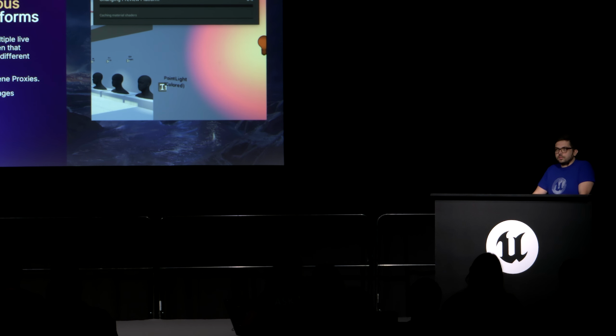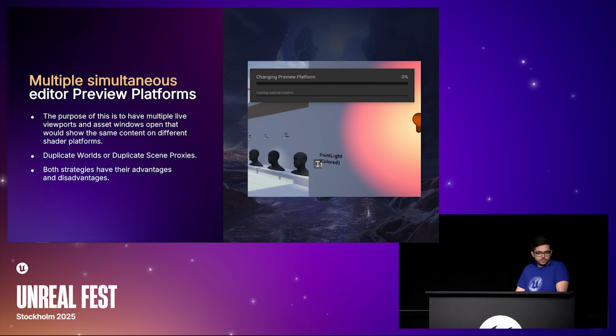The challenge with that is a bit like the first one in our improvements: we don't want it easily breakable, and we don't want multiple scene proxies to leak into the runtime. We don't need multiple scene proxies in runtime. We just want one set for that shader platform. Both strategies have their positives and advantages, but currently we're targeting the scene proxies, though we don't have an ETA for this. It's a bit more in early development.